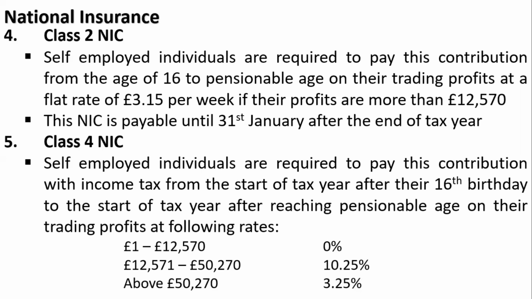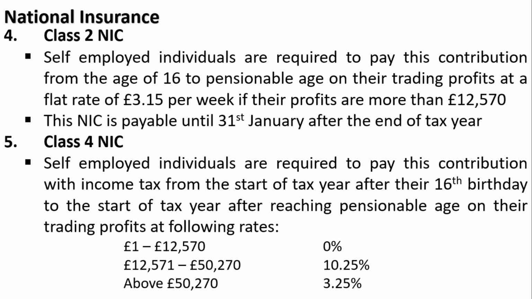Now the employer has to pay class 1 employer NIC on behalf of that employee based on the rates which will be provided. Then the employer has to pay class 1A if he is providing any taxable benefit to the employee, based on the rates which will be provided.